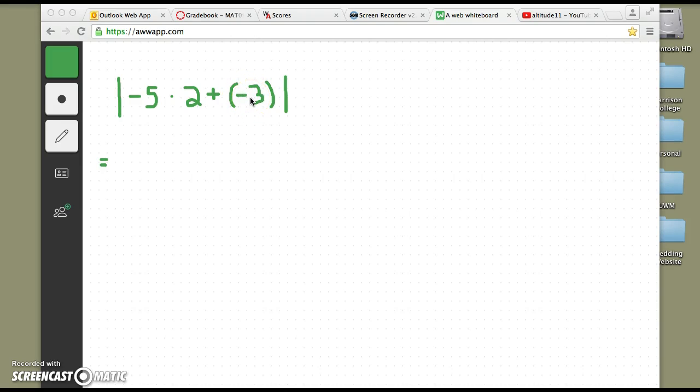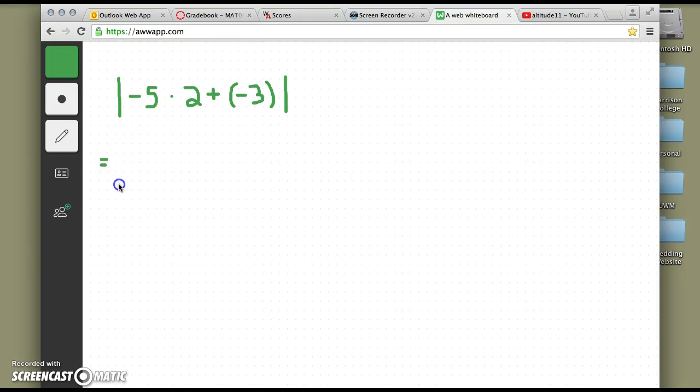So after this innermost parentheses, we're now inside of the absolute value parenthesis, and we need to look for exponents. No exponents in this case, so we are ready for multiplication and division. We do have multiplication. We have -5 times 2, so that's what's going to come first.